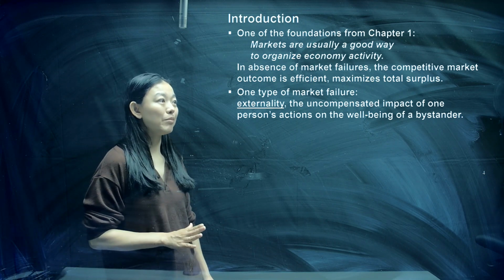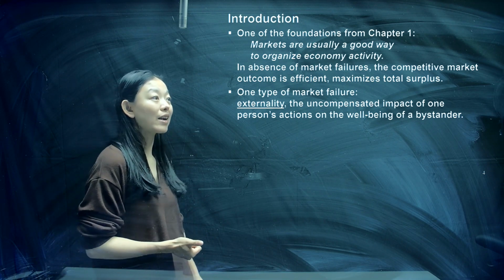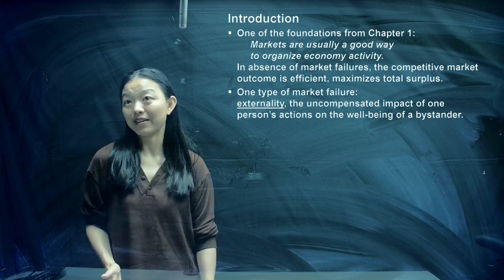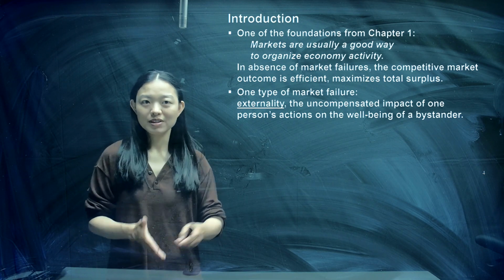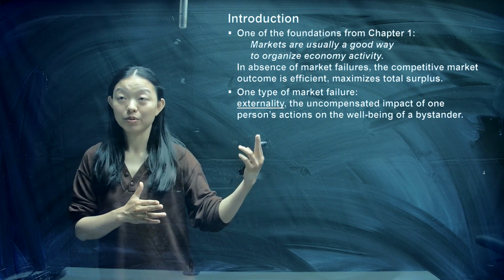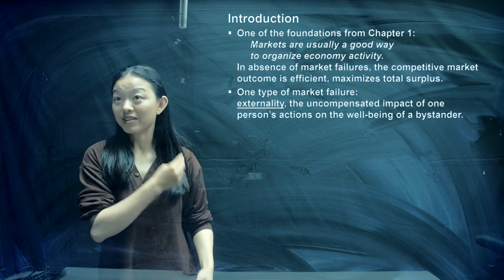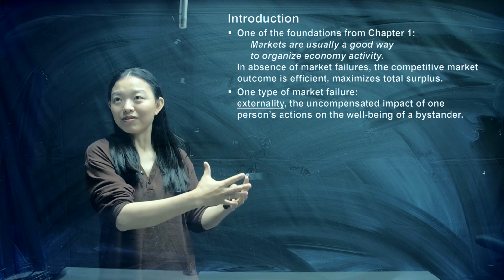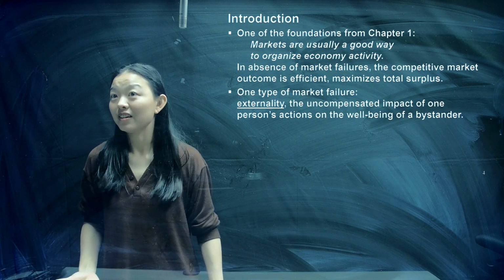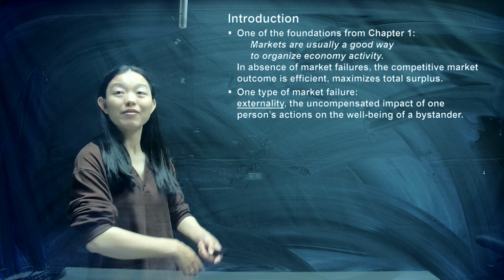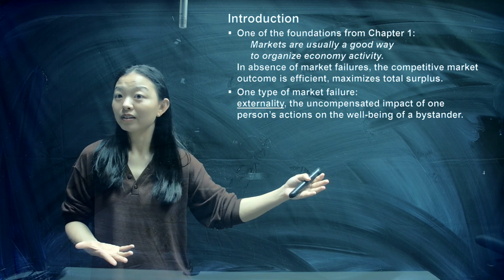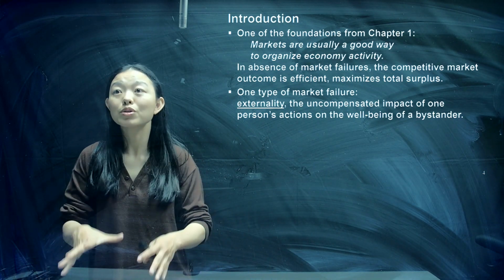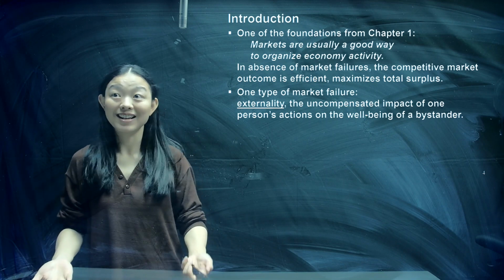Externality means the uncompensated impact of one person's action on the well-being of a bystander. So if someone beside me smokes a cigarette, then I actually have a negative externality. If a factory pollutes the air, then the people who live near that factory also suffer a negative externality.